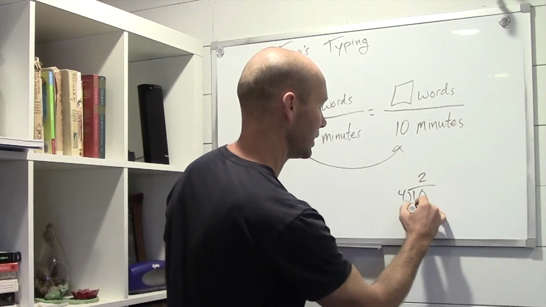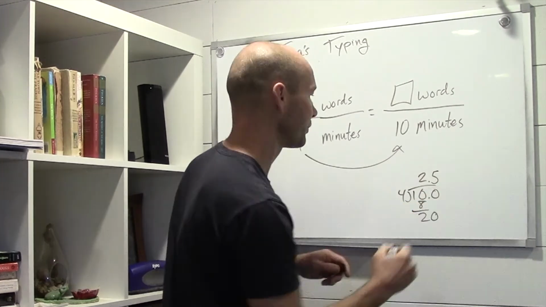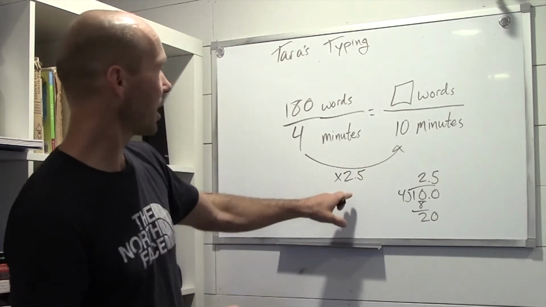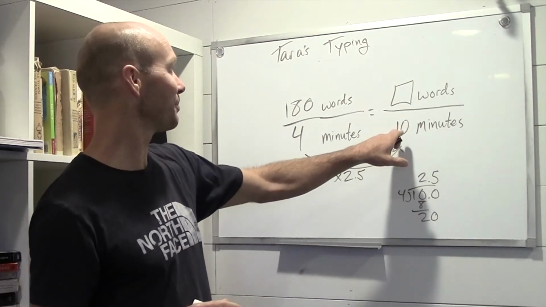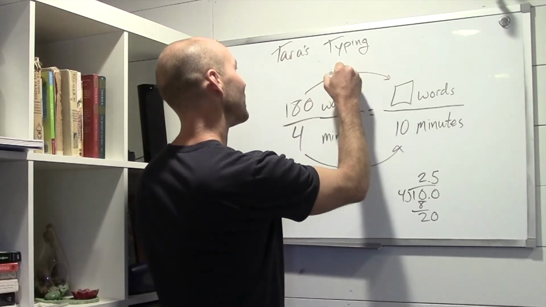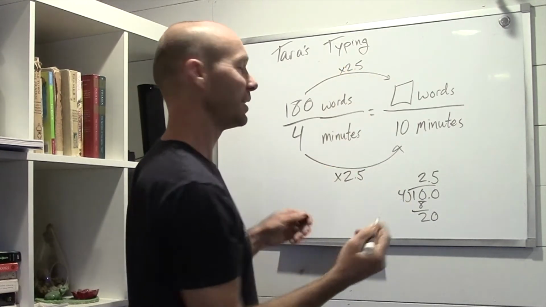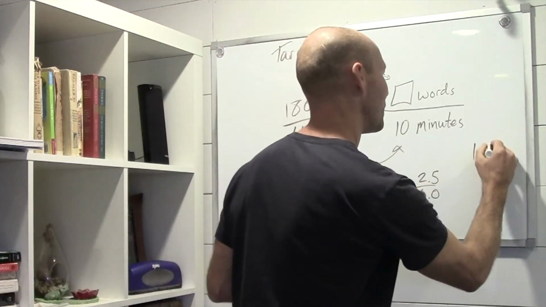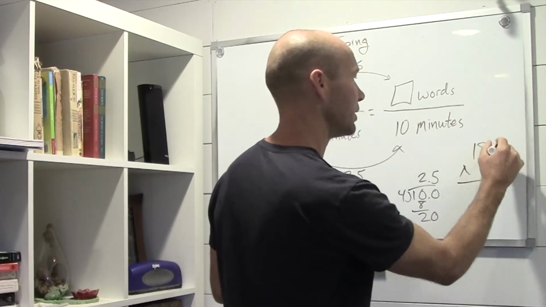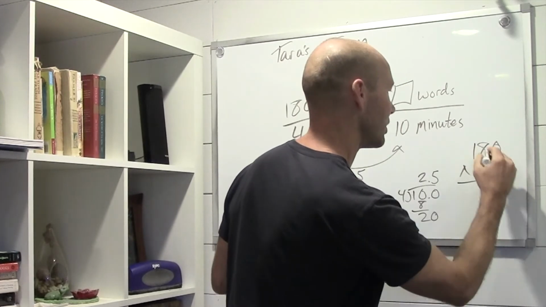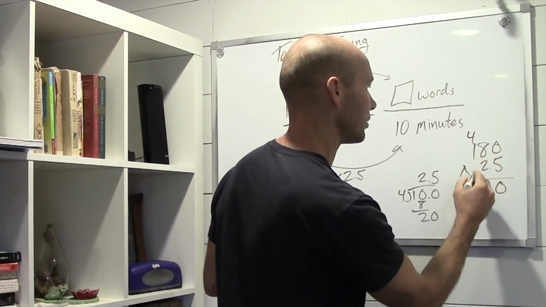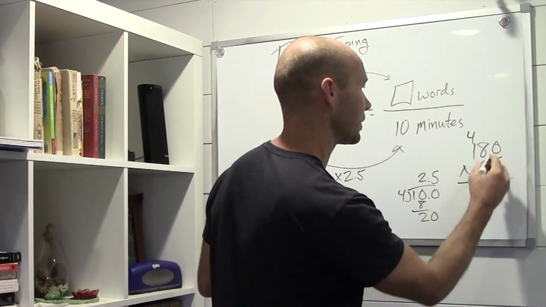2 times 4 is 8. So I get 2.5. 4 times 2.5 equals 10. So therefore 180 times 2.5 is what? Well, let's do that. 180 times 2.5. 0 times 5 is 0. 40. And 1 times 5 is 5 plus 4 is 9.